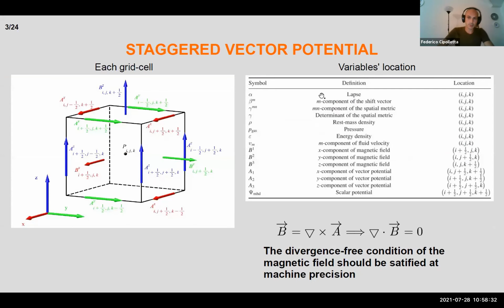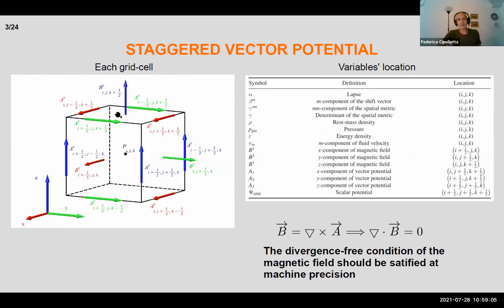So the staggered vector potential, for those who are new to that, is sketched here. You can see that here there is a cube representing one grid cell of your numerical simulation. And usually the cell-centered version of codes considers all the variables in the center of the cell, so in the point Pijk here.